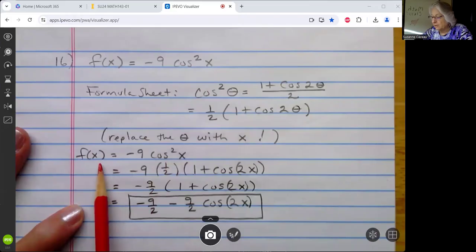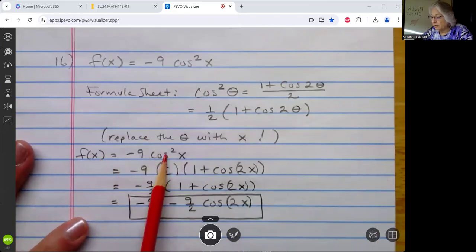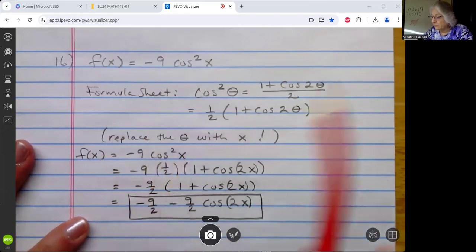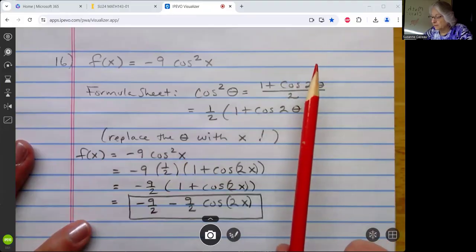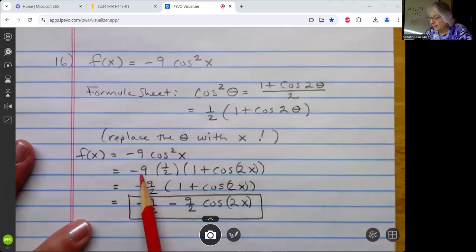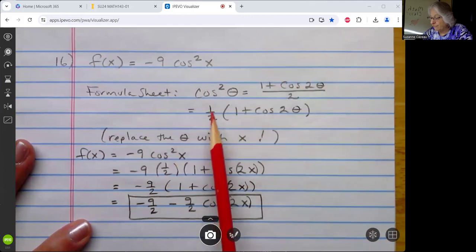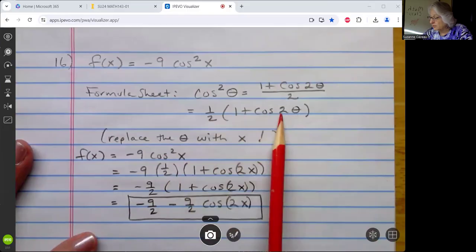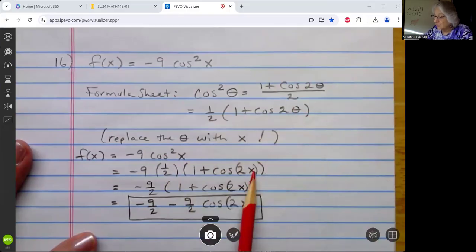So I've got negative 9 cosine squared x, and I'm using this formula. This is negative 9 times the half times 1 plus cosine of 2x. I just made that an x.